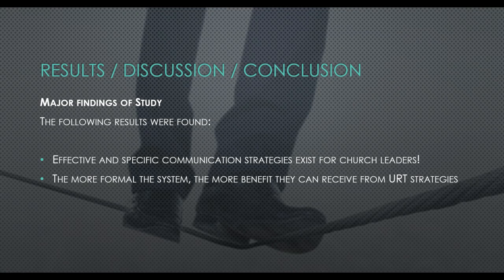That is to say that church leadership that use a more formal manner or system of bringing new members into their churches stand to benefit more from uncertainty reduction theory communication strategies than a church that certainly could benefit, but they would benefit more than one that had no membership process or a very lax, or informal, if you will, membership process.